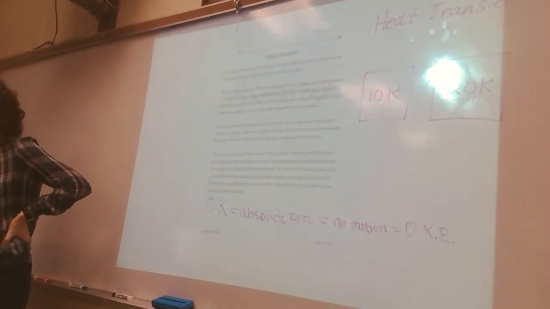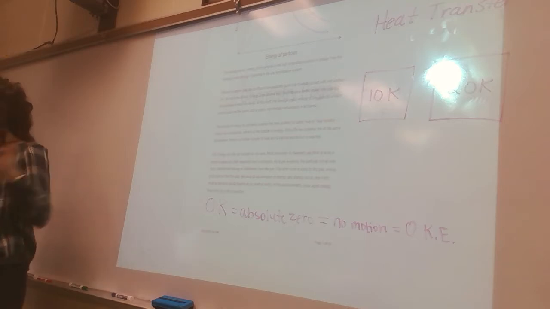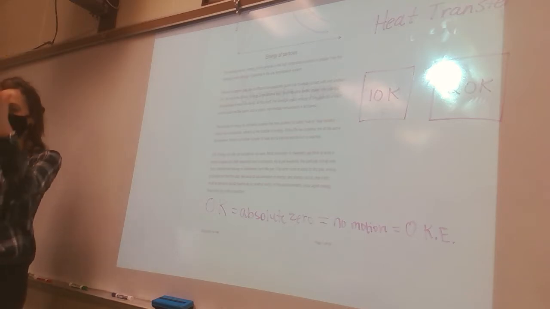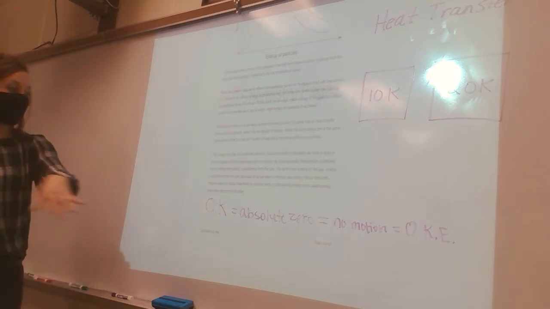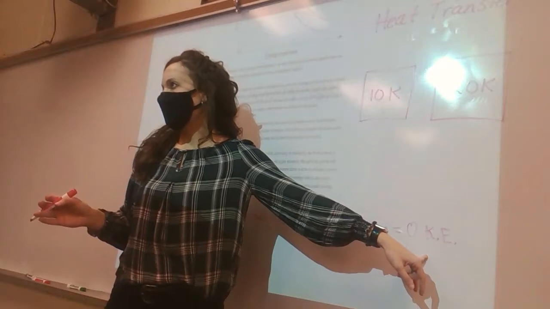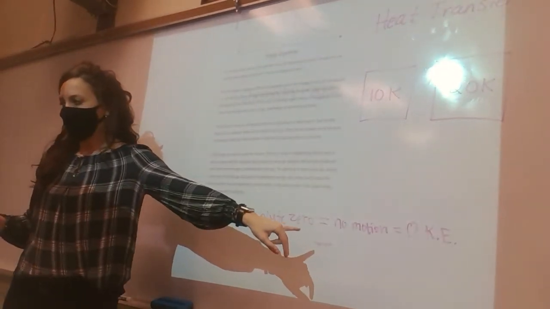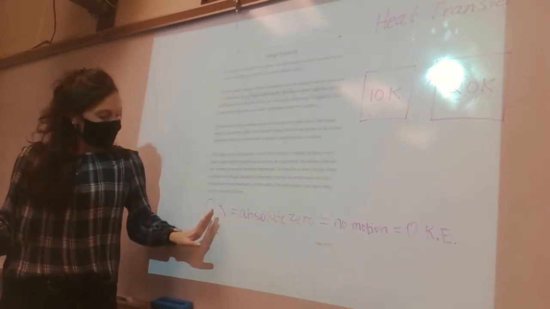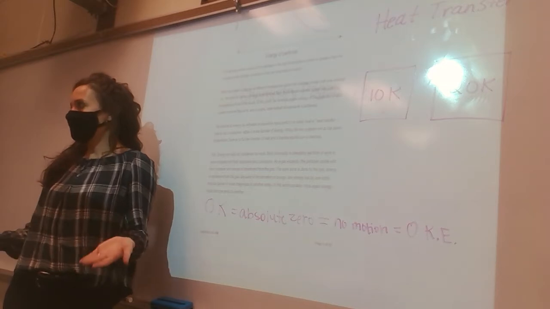By definition, we've been talking about the faster the particles, the more kinetic energy, the higher the temperature, right? Those all go together. Zero kinetic energy, no motion, not moving, zero temperature. That's why Kelvin makes the most sense.